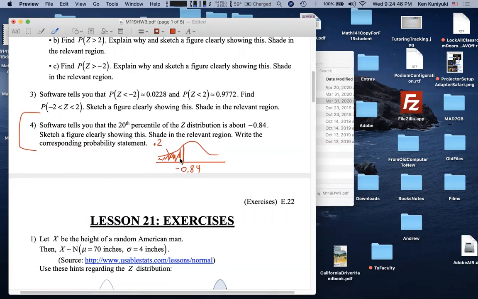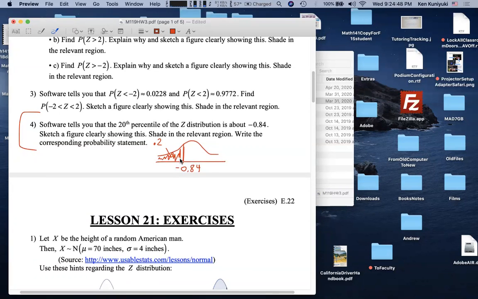We're claiming that the probability that a random standard normal z is less than negative 0.84 is about 0.2, or 0.20 if you wish. Write the corresponding probability statement. Well, the probability that z, remember we tend to use z for standard normal random variables, is less than negative 0.84 is about 0.20.